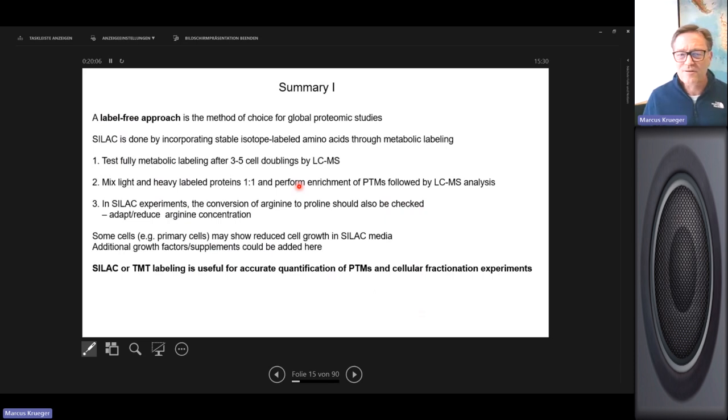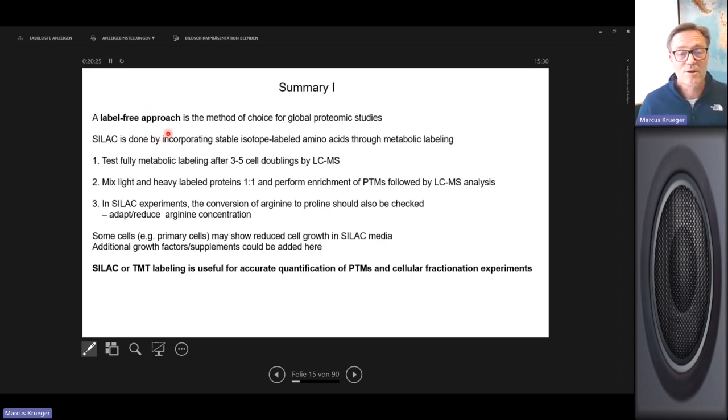Okay, as a first summary, just for this in vitro part, label-free approaches are probably the method of choice for global proteomics studies. However, SILAC is still a versatile and useful tool if you want to go for PTMs or for fractionations.